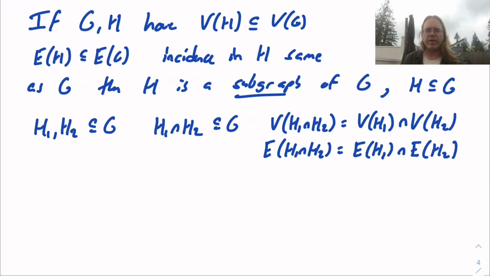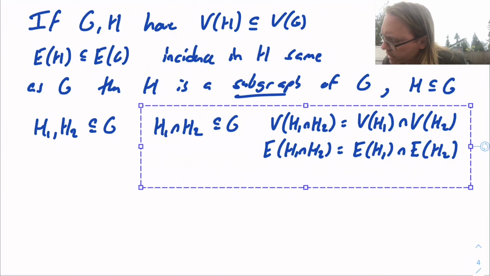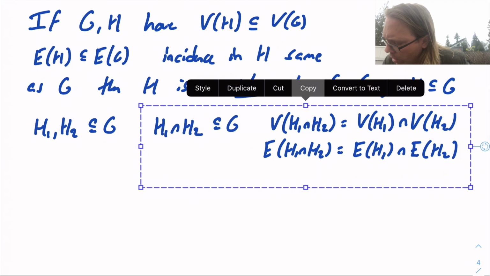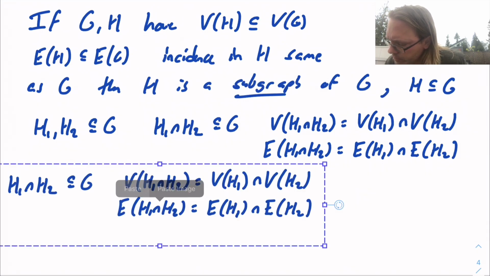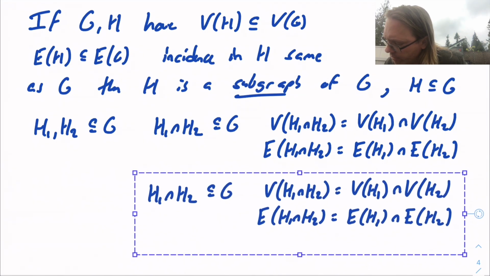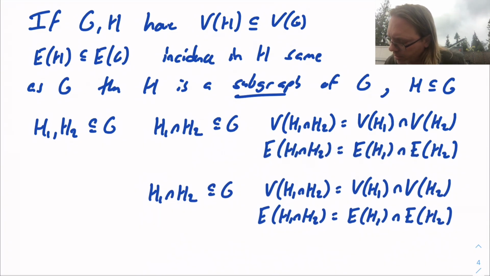You can readily verify that that rule does indeed give you a new subgraph. There's an analogous one where we use union instead of intersection, and that follows exactly the rule you would think it would.